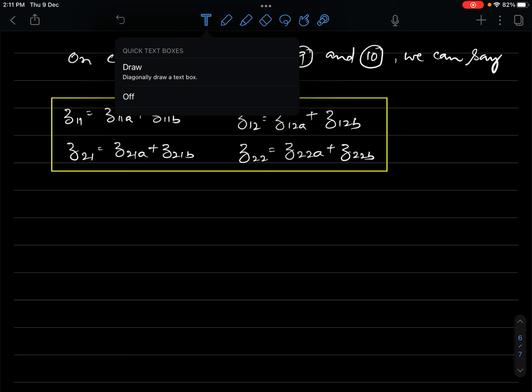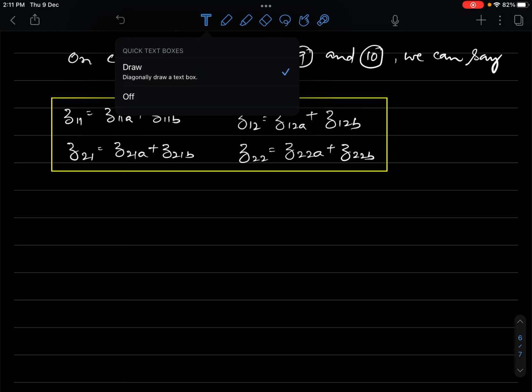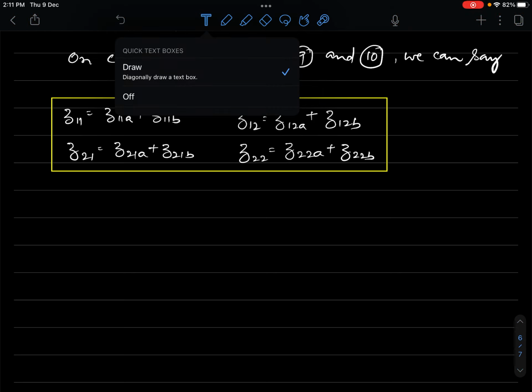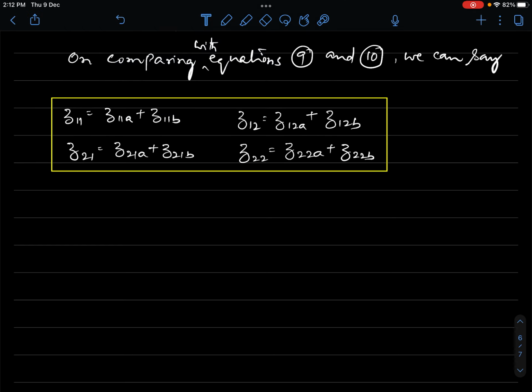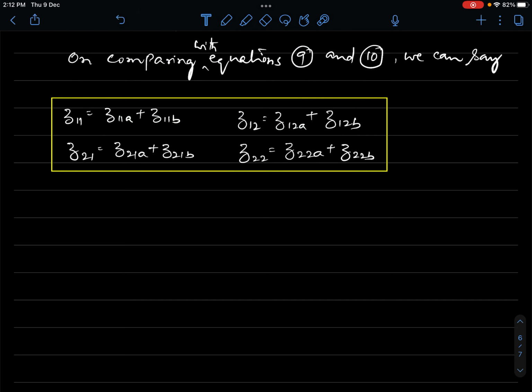Or should I use a text box and let me see if I can type it properly? One second, I will not draw. At times it gives me a little trouble.